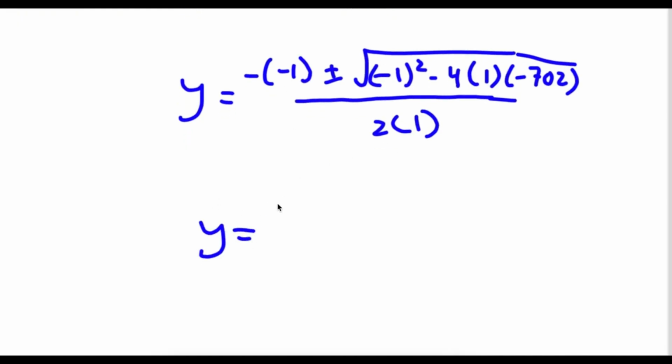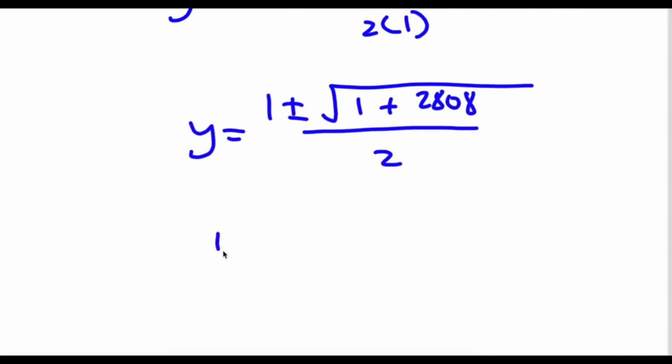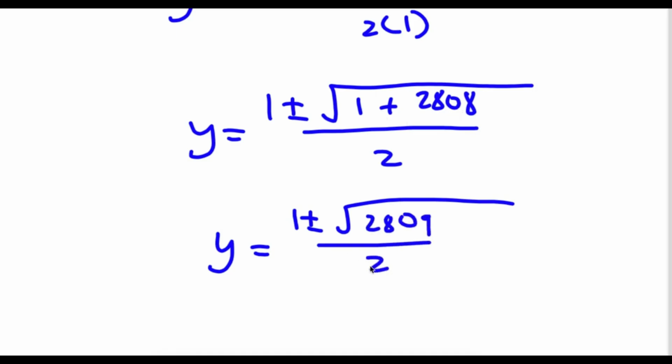Now, negative of a negative is a positive, so I have positive 1 plus or minus the square root of negative 1 squared is 1, minus negative 4 times negative 702 is positive 2,808. And 2 times 1 is 2. Now I have 1 plus or minus the square root of 1 plus 2,808 is 2,809 over 2.